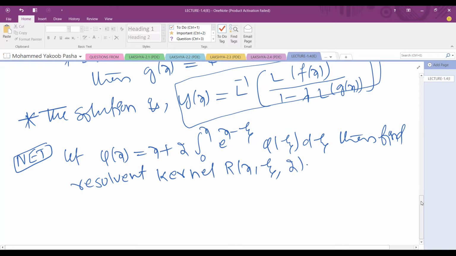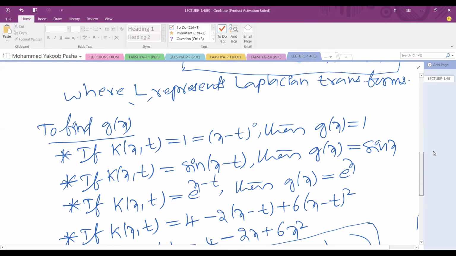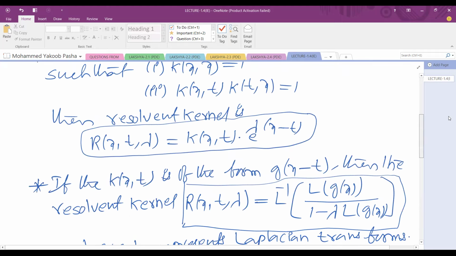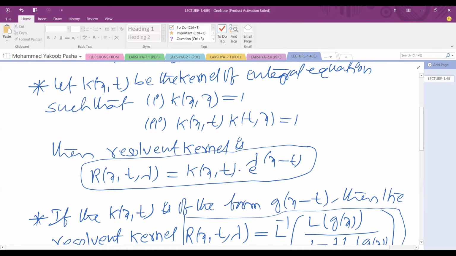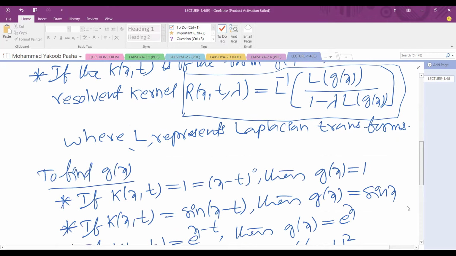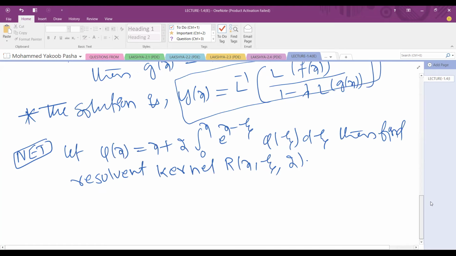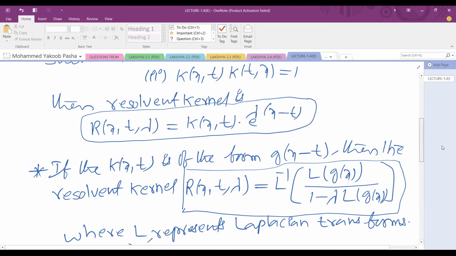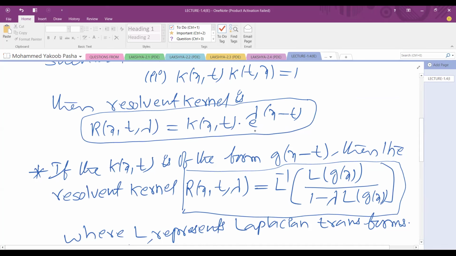According to the first method, already we discussed that method, that is k of x comma x is equal to 1 and k of x comma t into k of t comma x is equal to 1. In this case, the resultant kernel is simply k of x comma t into e to the power of lambda into x minus t. That is the case we discussed earlier.